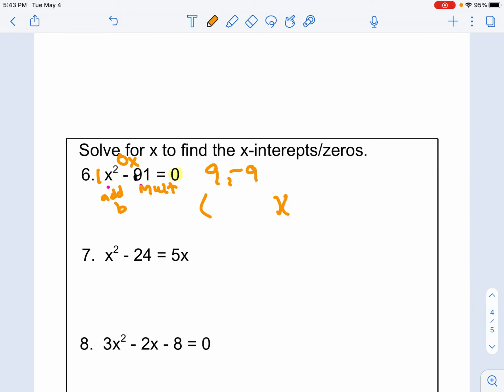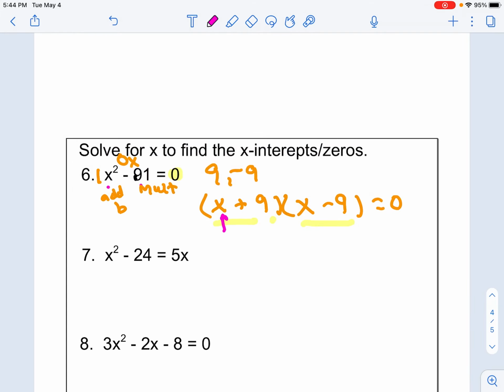So those are what go in my parentheses. So I put in 9 and negative 9, and what goes with it is my variable. Again, now I'm using that zero product property. If these two things multiplied together equal 0, then whatever value of x I put in the parentheses and add 9 to it, I'm going to have to get 0.